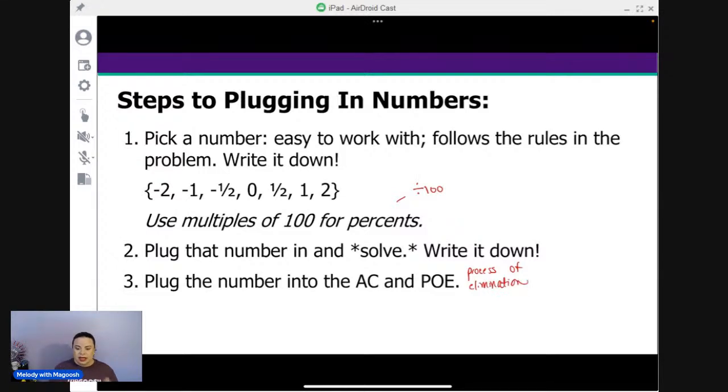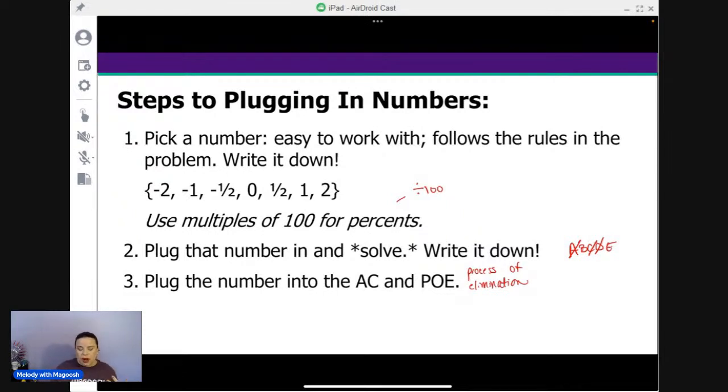What does that mean? That means we're going to plug the numbers in. If they match the solution number we found, great. If not, we're going to eliminate them. We're going to cross them out. On your scratch paper, I like to actually write down the letters A, B, C, D, and E since we're talking about a computer-based test. And I will cross out the letters that don't match until there's only one left.